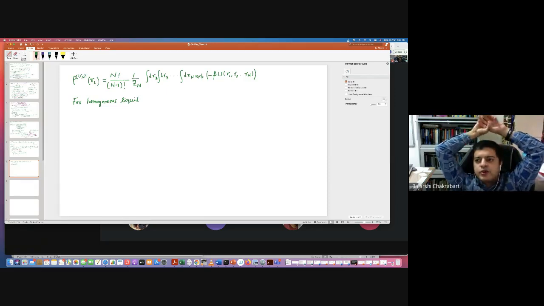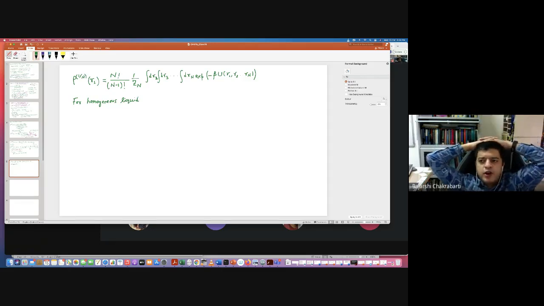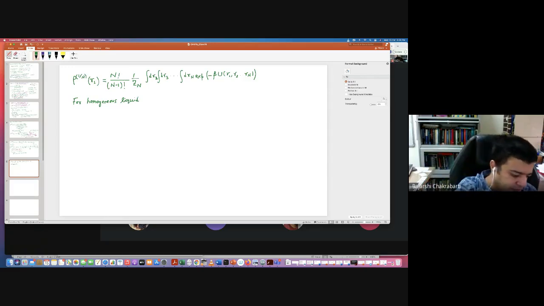For homogeneous liquid, what does it mean? There will be no such defect, it is free of defect. The density is kind of uniform, isn't it? There will be some local structure in the liquid, but for homogeneous liquid, for example, this configurational integral, just look at it carefully.